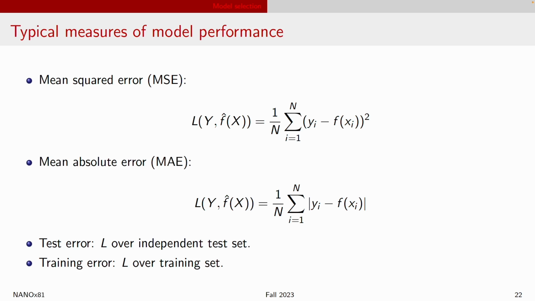So this is called the mean absolute error, right? Now, regardless of whether you are using mean square error or mean absolute error, you have two kinds of losses, okay? One is called the test loss. The test loss is essentially the value of your loss function over your independent test set. And then you also have your training loss, which is the value of your loss function over your training set, okay?